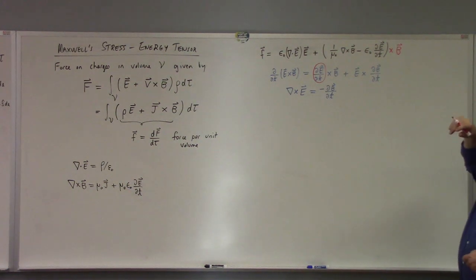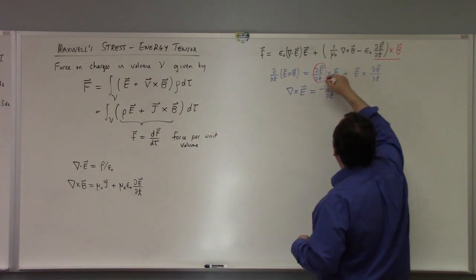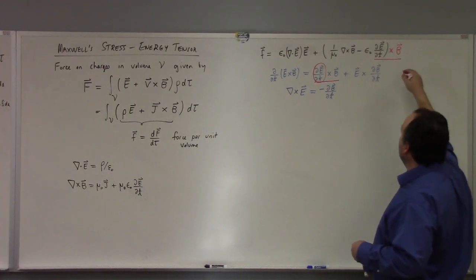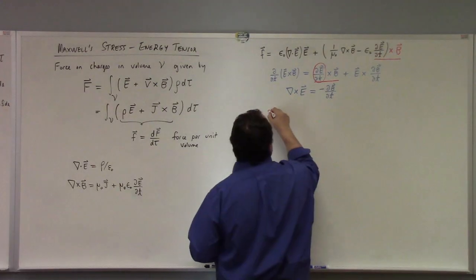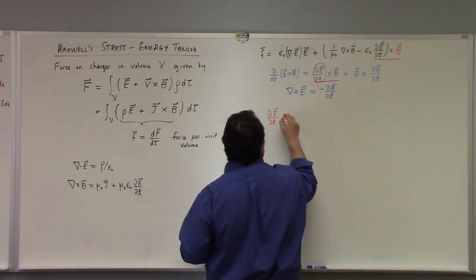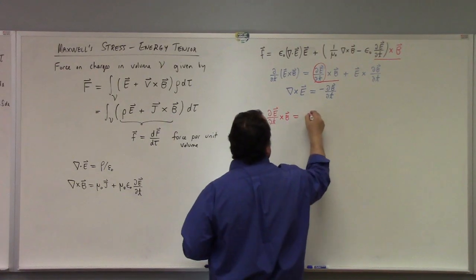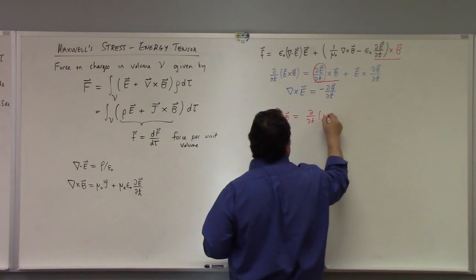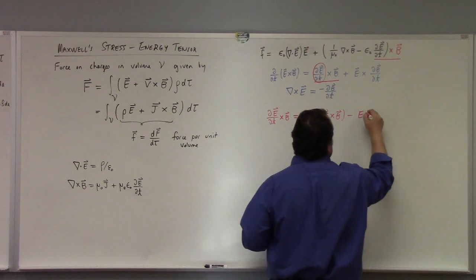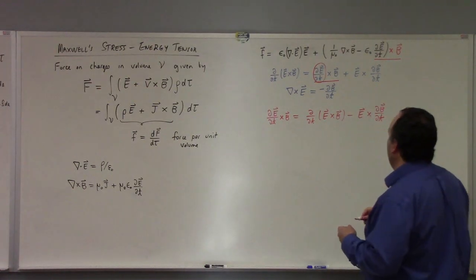Feeling better. So now, you see, I've got this handy-dandy partial E, partial T cross B term, right? And I can trade that for what? That's equal to partial T of the cross product of E and B minus E cross partial B partial T. All right?